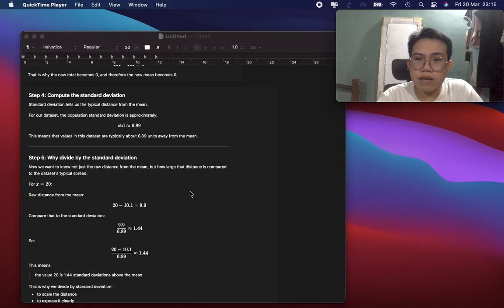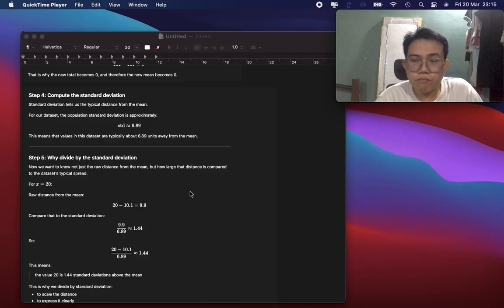So a lot of tricky questions in the standard deviation are about why we should divide rather than just subtract the mean.